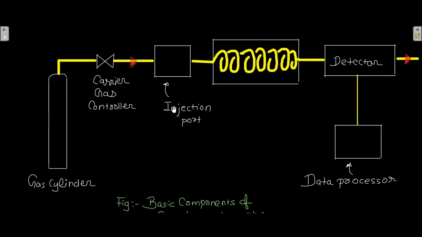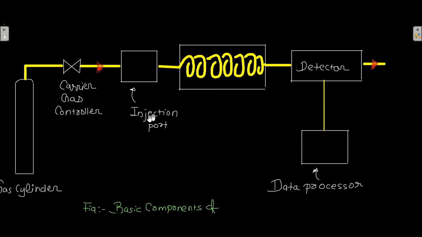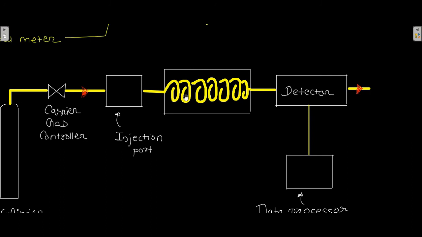So this is how the diagram of the basic components of gas chromatography looks. There is a gas cylinder, and then there is the carrier gas controller, from where you control the flow of the gas. Then there is the injection port into which you inject your analytes, the substances that you want to analyze, and then this is your column.